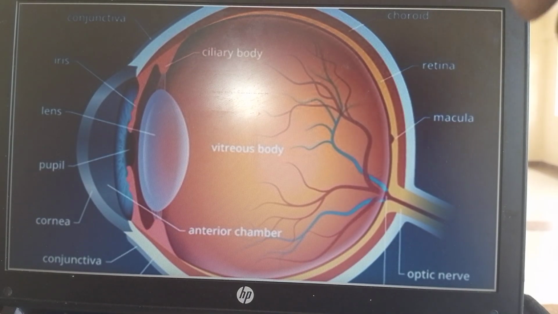The anterior segment is further divided into two: what we call the anterior chamber and the posterior chamber.